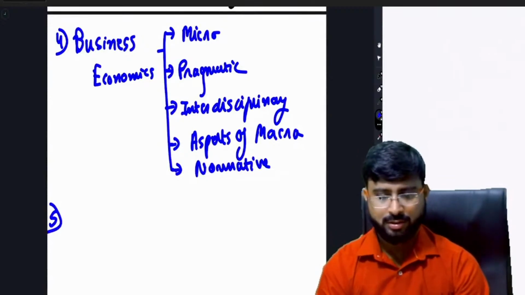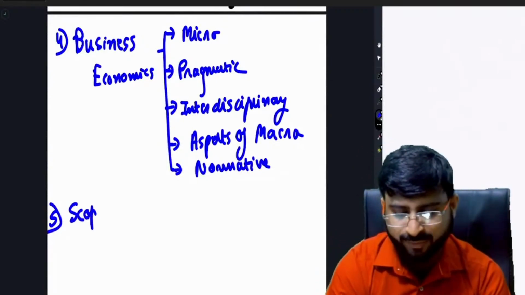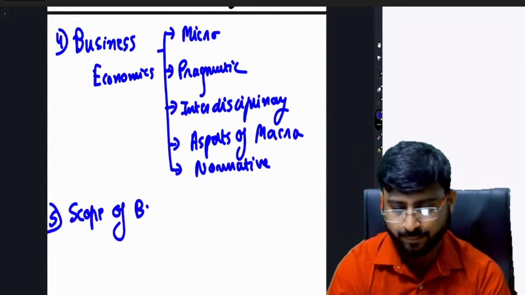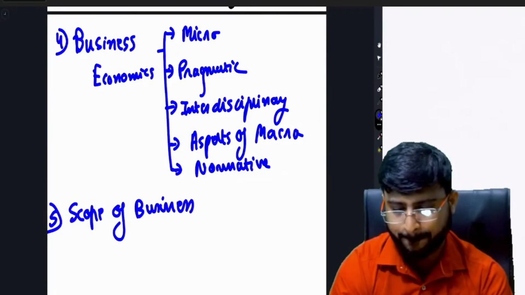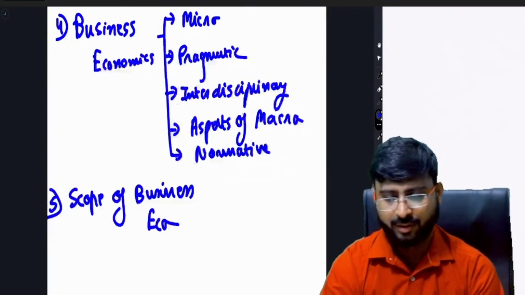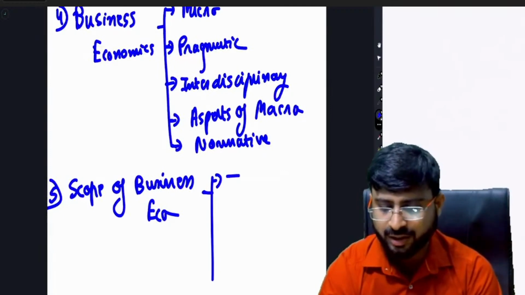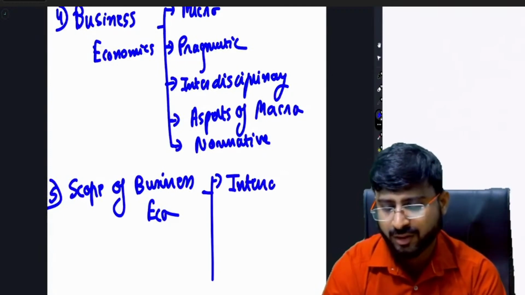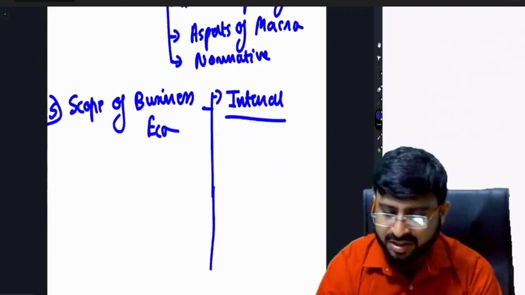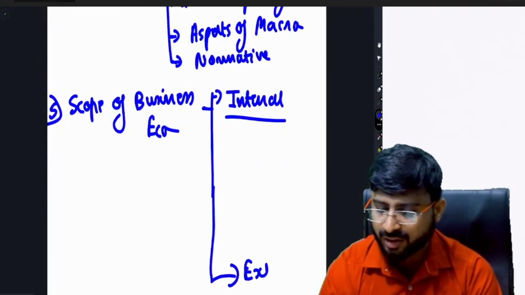Fifth point, scope of business economics. Here we studied internal and we studied external.